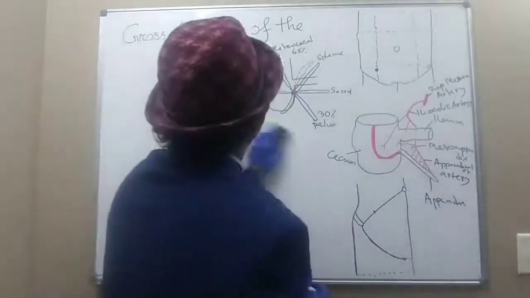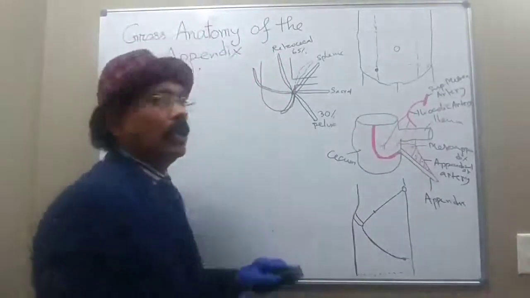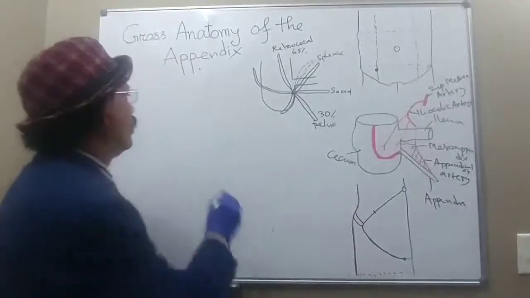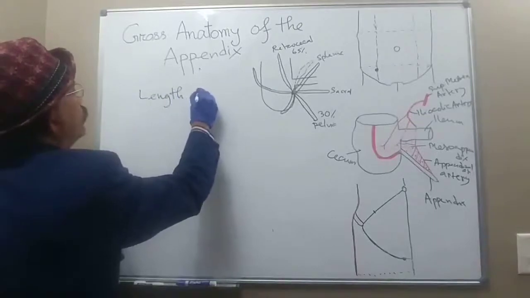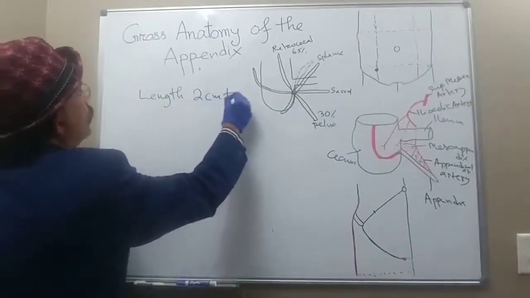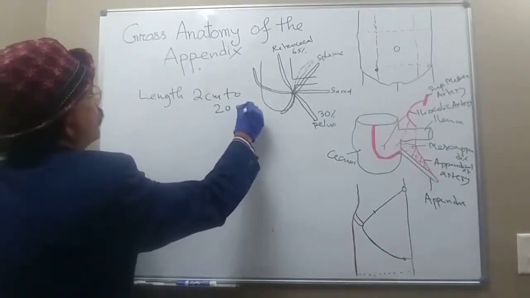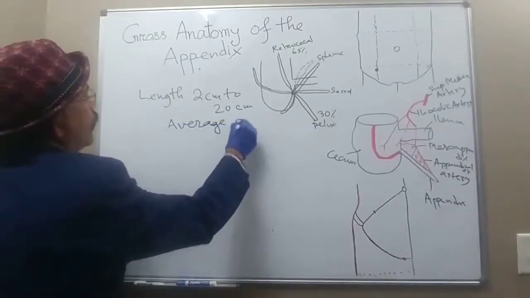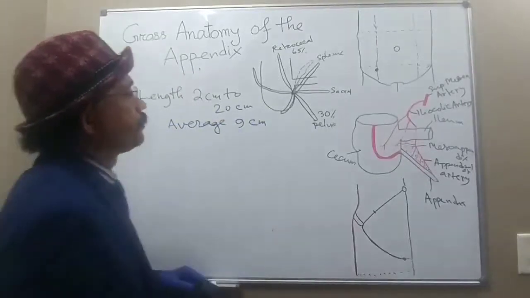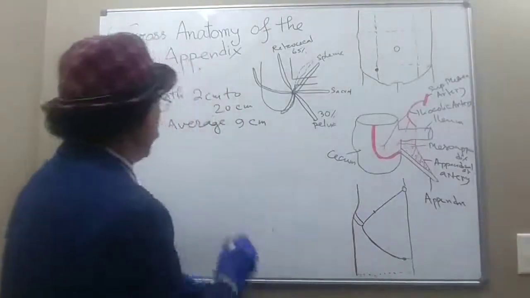What is the length of the appendix? It is very variable, around 2 cm to 20 cm, and on average 9 cm. What is the diameter?